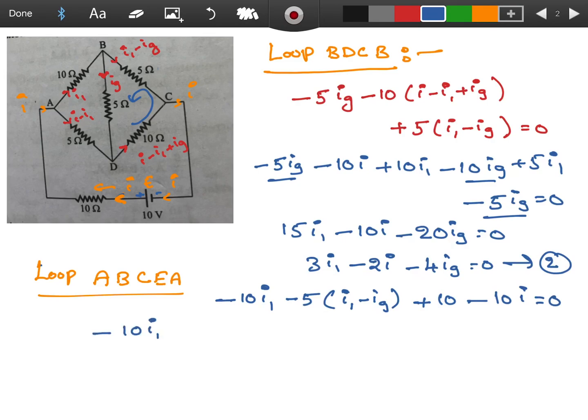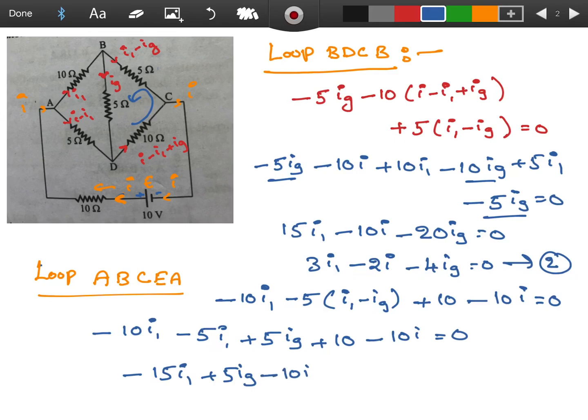Minus 10I1 minus 5I1 plus 5IG plus 10 minus 10I equal to 0. How many I1 terms are there? 2. Minus 15I1. Only one IG term plus 5IG and one 10I is there, minus 10I plus 10 equal to 0.